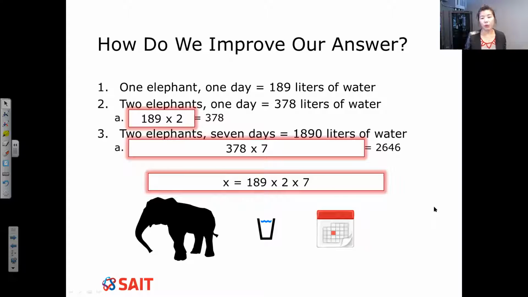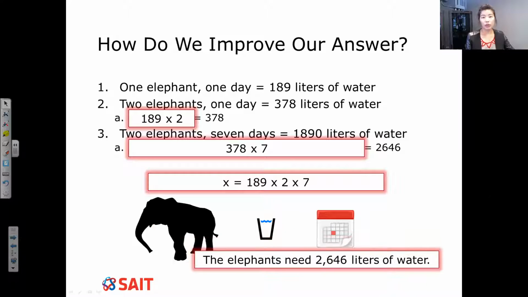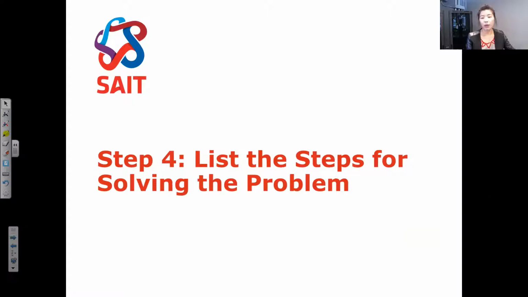If we were to assume that our final answer is x, we will know that 189 liters of water multiplied by 2 elephants and 7 days, we can find out our final answer with one equation. And we still get the same answer of 2,646 liters of water.